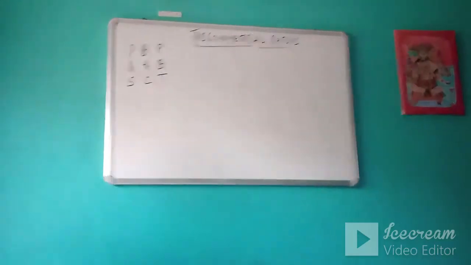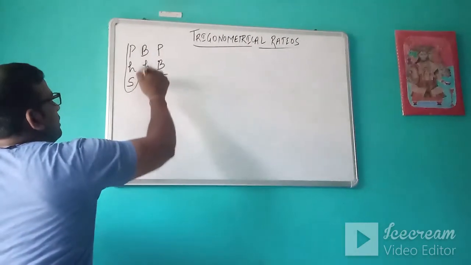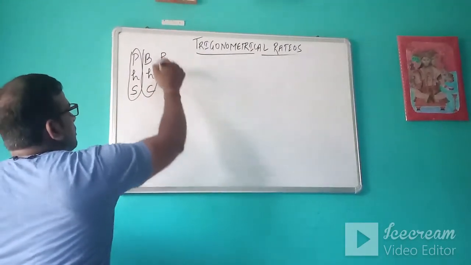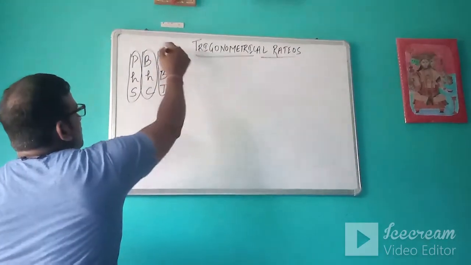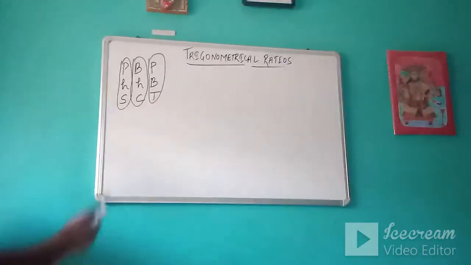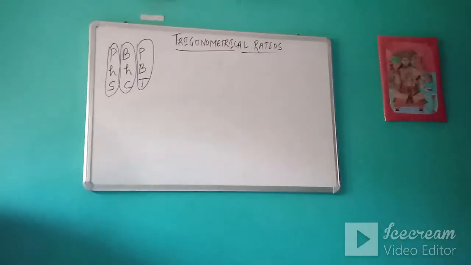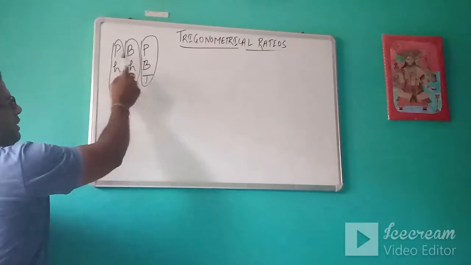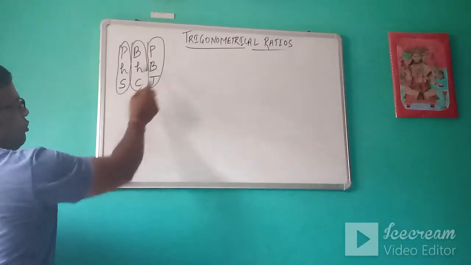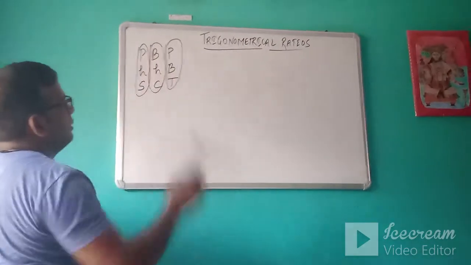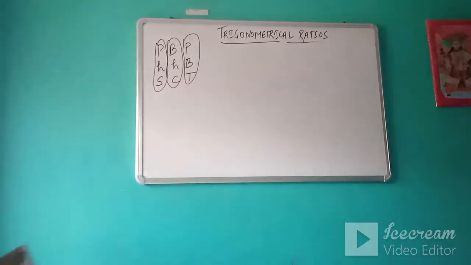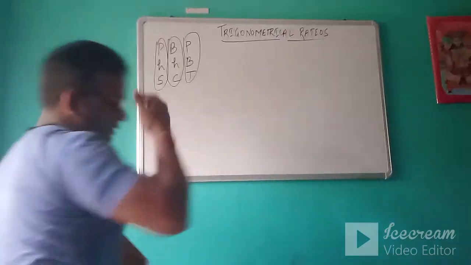Like this you can remember these trigonometric ratios for your reference, because it is the easiest way to remember them. So by this method you can easily remember these trigonometric ratios.